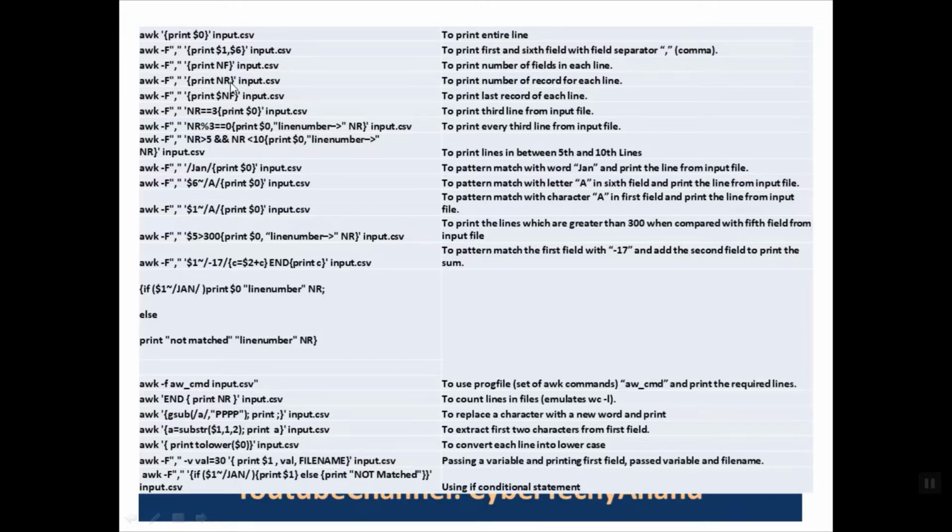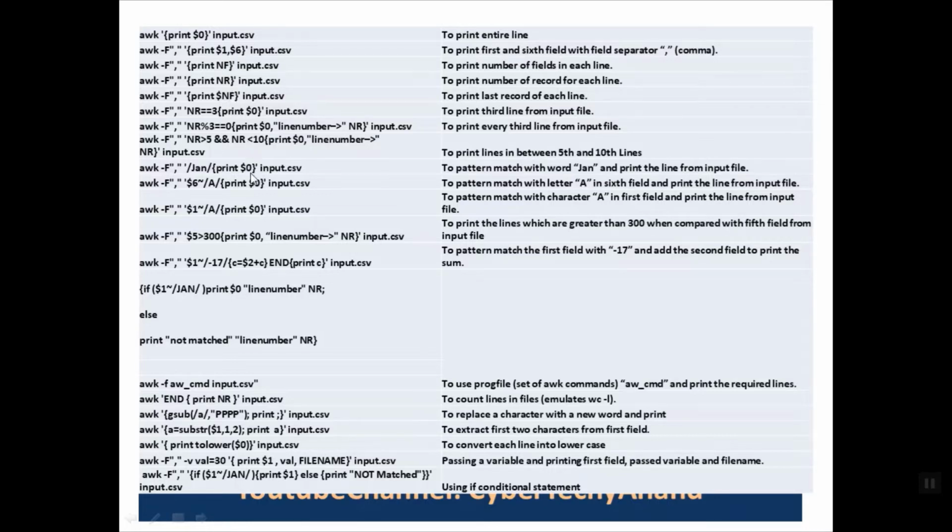And similarly, there is a keyword called NR. It's going to print the number of records, like the total number of records it has. One more interesting thing is if you pass $NF, it is going to print the last field of each line. I'll take you through all these commands in the demo.